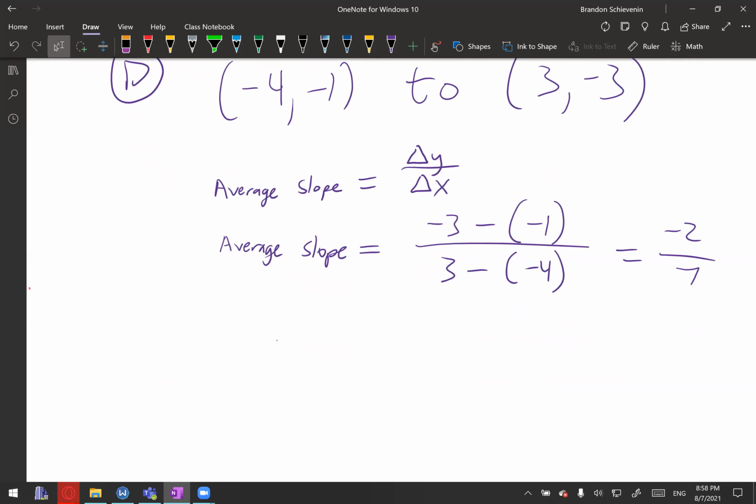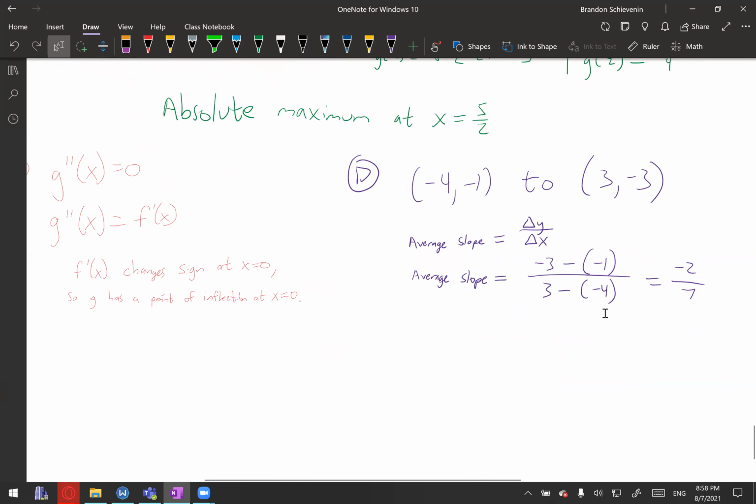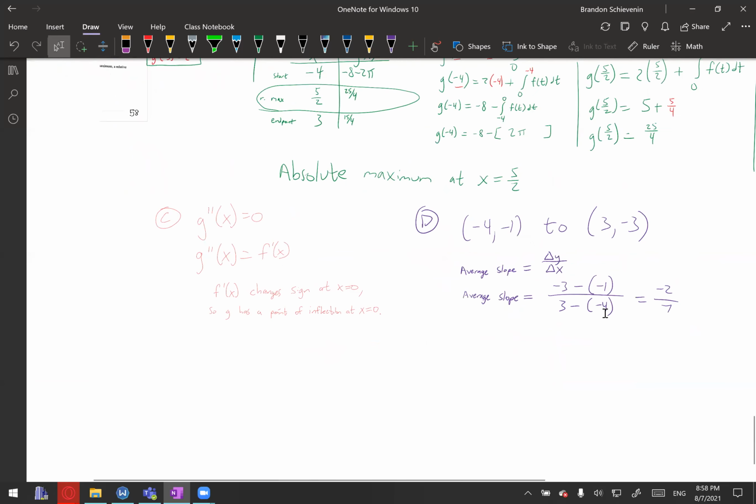The second part of this, they want to know, why does the mean value theorem not apply? I'm going to open this up to anyone.